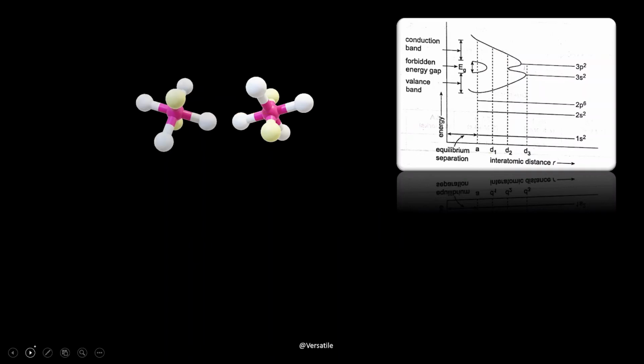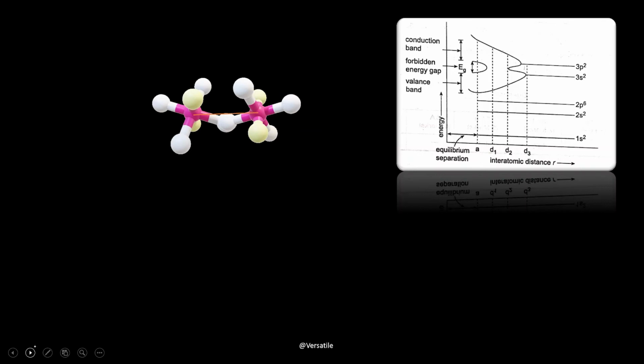If we further decrease the distance to a, that is the equilibrium separation, meaning the two atoms cannot come closer than this, the filled and unfilled energy levels are separated by an energy gap called the forbidden energy gap, represented here in this graph by Eg.